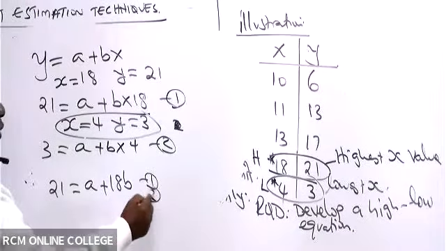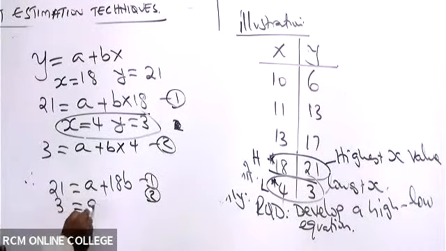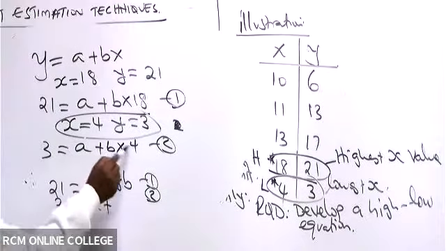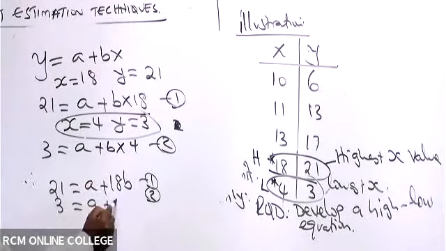Equation number 2 will be 3 equals a plus 4b. Now our aim is to eliminate a simultaneously. How do you eliminate a? You subtract. So go ahead and subtract.